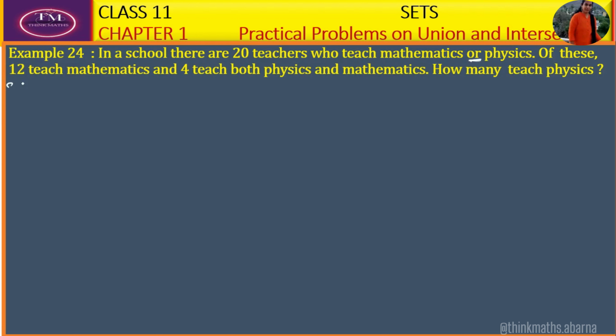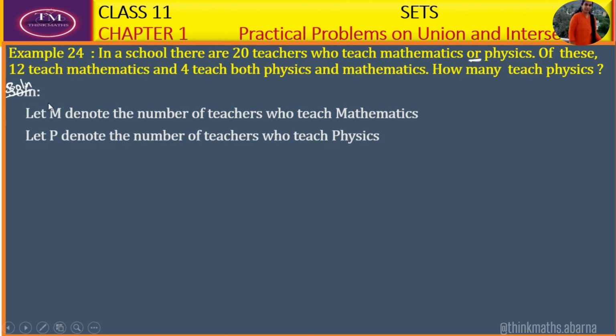So let us take the teachers in mathematics as M and teachers in physics as P. So now what is 20? It is those who teach mathematics or physics. "Or" means union. So n of M union P is 20. Next, of these 12 teach mathematics.